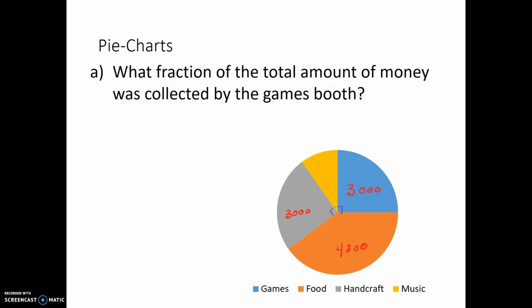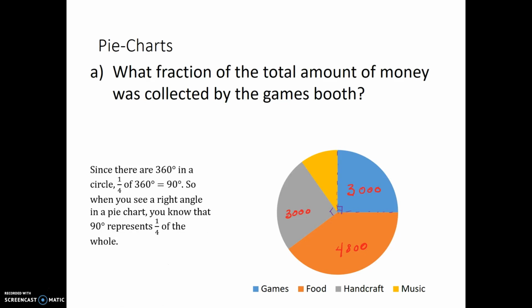So we're going to use this chart to learn that when you see this little 90-degree angle on there, that means that section is 1/4 of the pie chart. And the reason it's 1/4 is because there are 360 degrees in a circle. So if you were to divide 360 by 4, you would get 90. So 90 degrees equals 1/4.